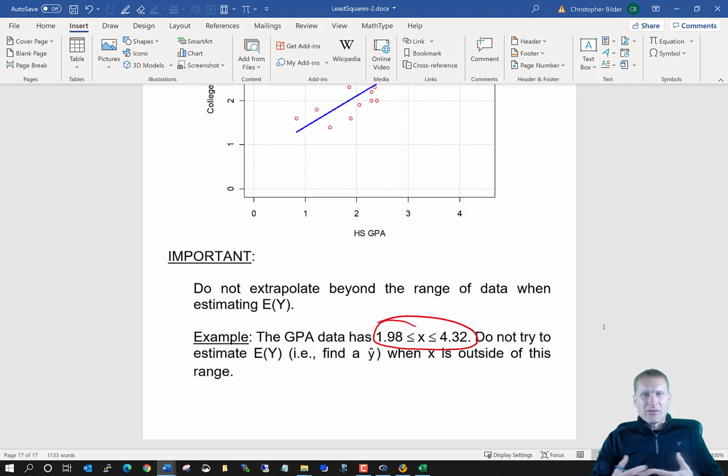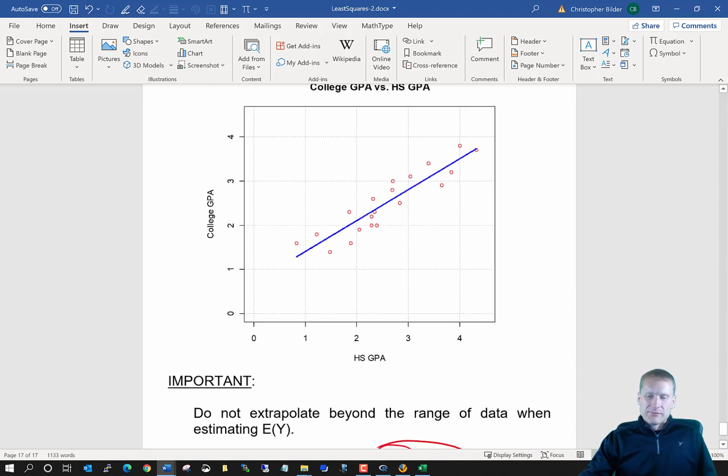Now, we kind of do because we're familiar with GPAs. But who knows? Maybe for those students who are extremely good, they take a lot of AP courses in high school, and that's how they get above a 4.0 GPA, maybe for those students instead, if we were to extend things out, the college GPAs go down. We don't know if that happens. Well, we're pretty sure it doesn't happen, but we don't know.